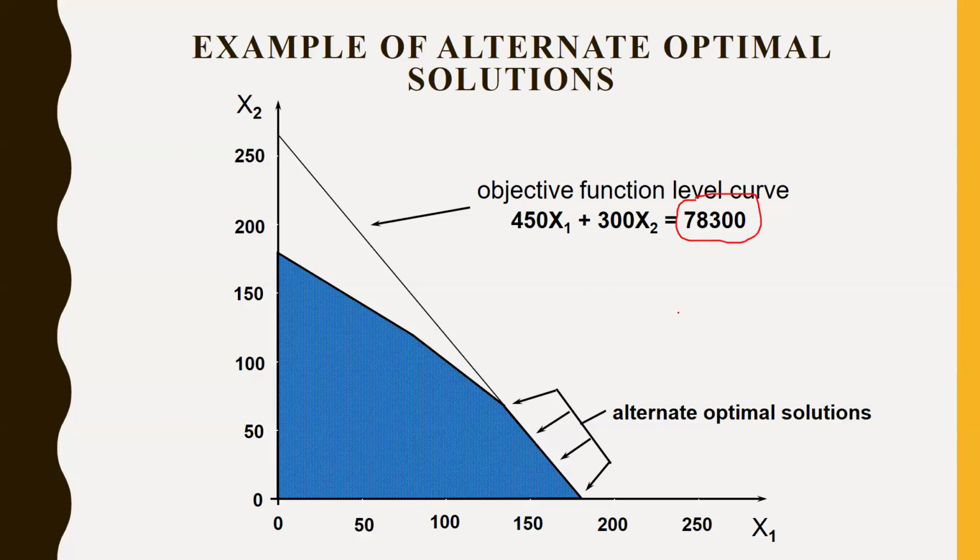We can produce the maximum at any point because the line coincides like this, not only one point. The same profit for this. This is what we call the alternative optimum solution.